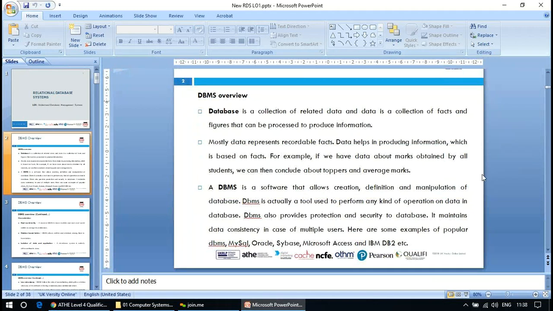Okay, so overview. Data is a fact or figure. A database is a collection of related data, and data is a collection of facts and figures that can be processed to produce information. For example, any data, such as a name or a number, is data.